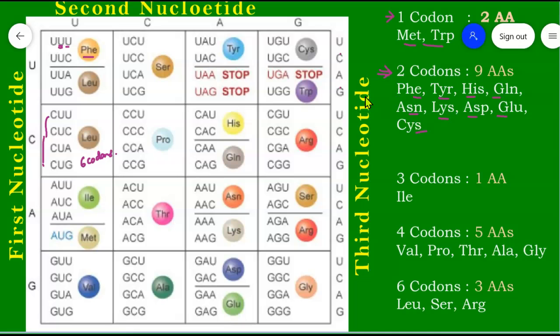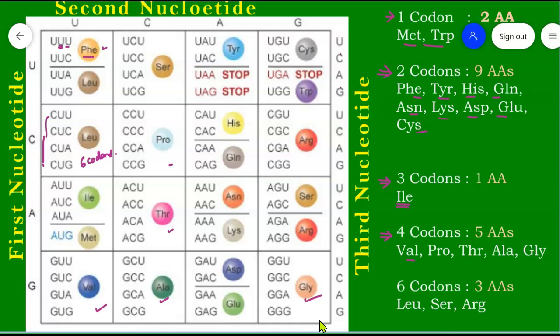Only one amino acid is encoded by three codons, isoleucine. There are four codons for five amino acids, namely valine, proline, threonine, alanine, and glycine. This box entirely is proline, threonine, alanine, valine, and glycine.